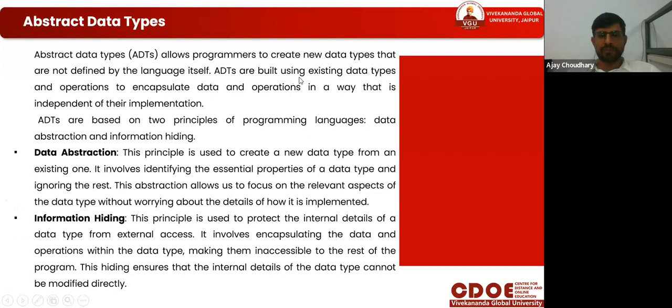Entities are viewed using existing data types. So it is not integrated from our side, but it takes place by default in the programming itself, and it changes by their meaning. Operations encapsulate data and operations in a way that is independent of their implementation.